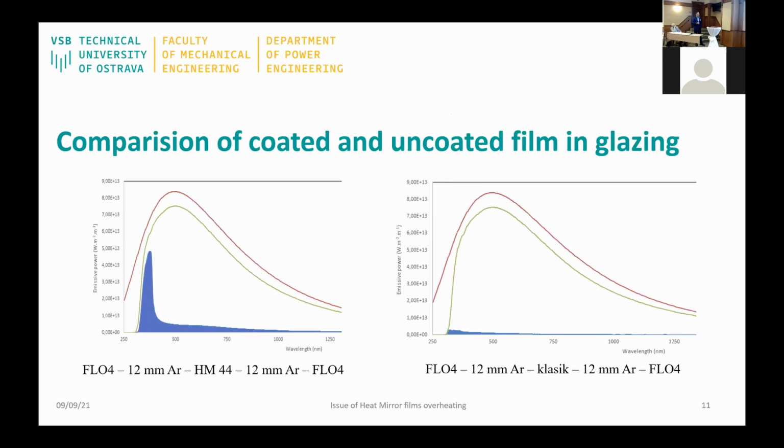The blue area is energy absorbed on the heat mirror polymer film. So the blue area is too big in comparison with the classic polymer film, which is uncoated film. So the area is very, very small compared to the first one.